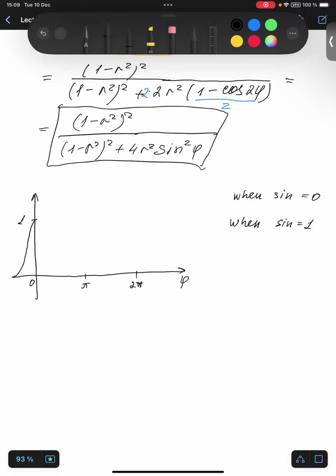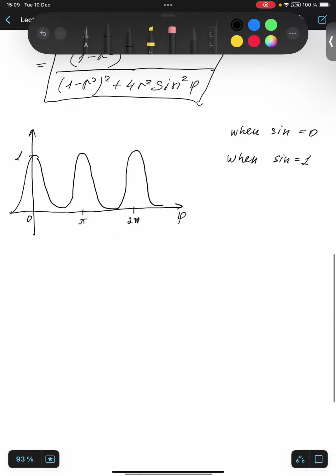We have some kind of resonances here. Well, we can also find the distances between these maximums.